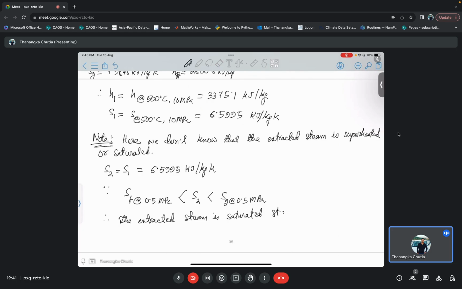These are the things that you should be careful about, otherwise you have to look at the superheated table. You will not even find these values.